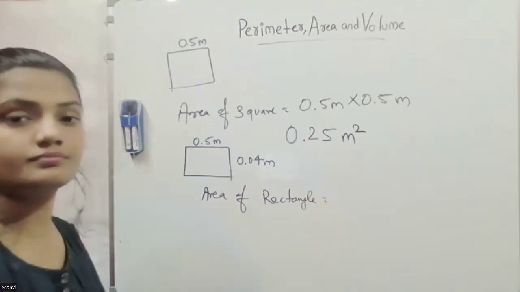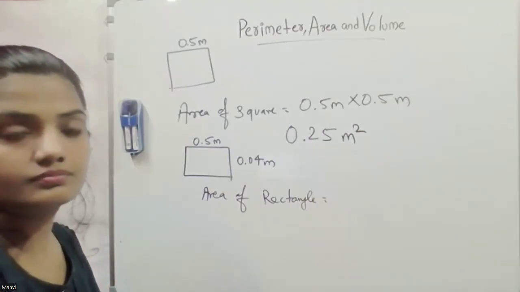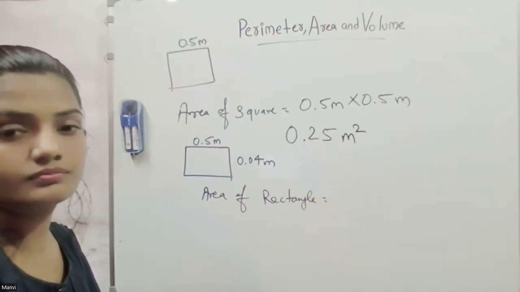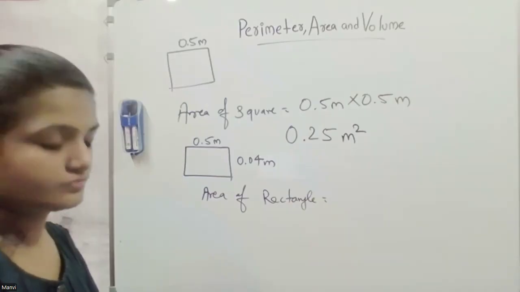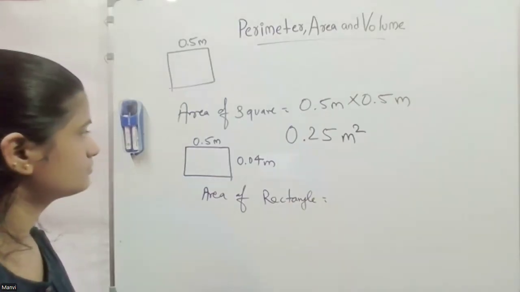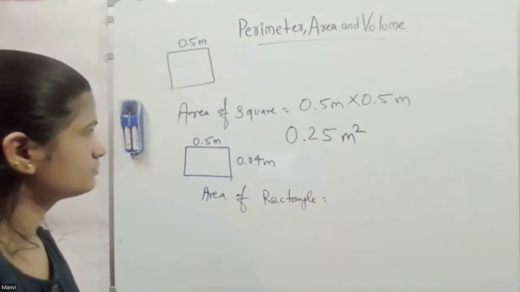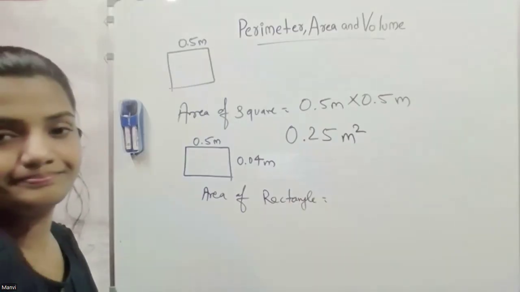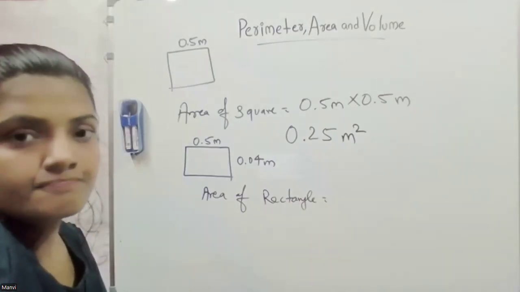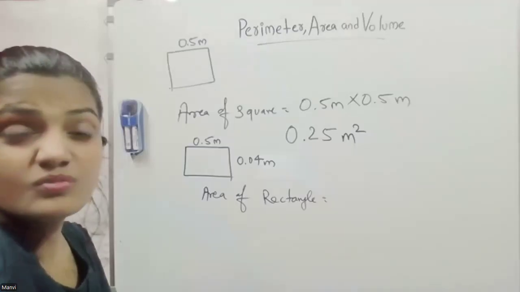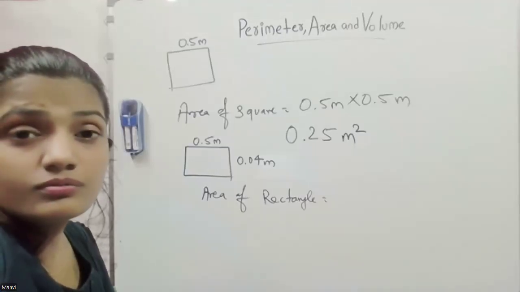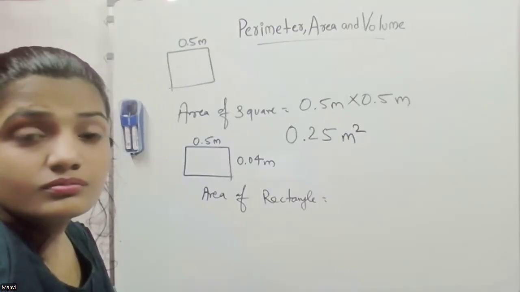This is different. 5 times 4 is 20. Is it 0.020? Is it 0.02?